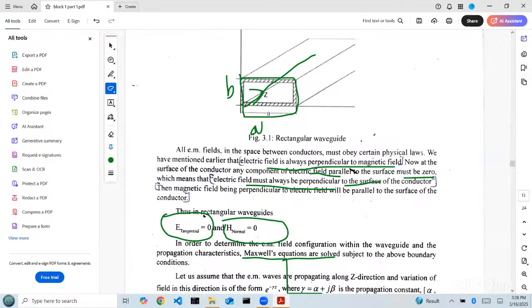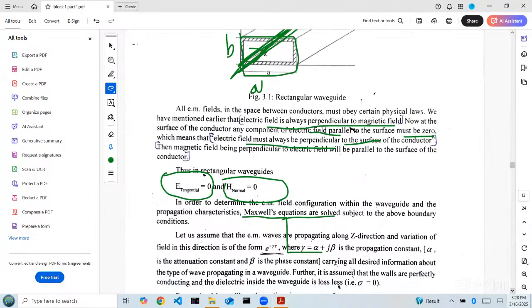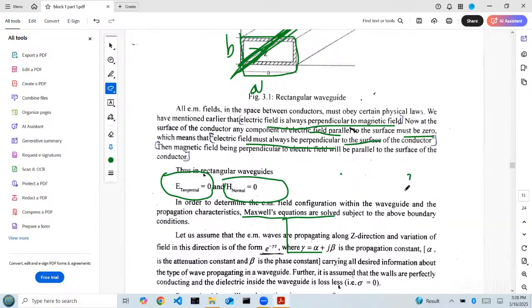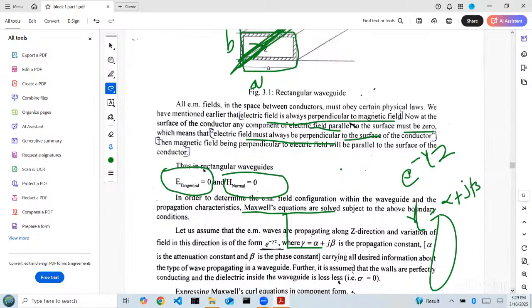And now we are concentrating along the Z direction. Here I am concentrating on the direction along e power minus gamma Z. What is the gamma value? Gamma equals alpha plus j beta. Based on this, we will do the derivation part.